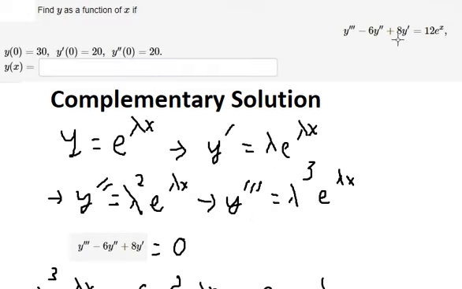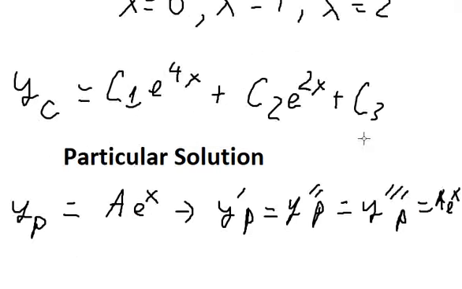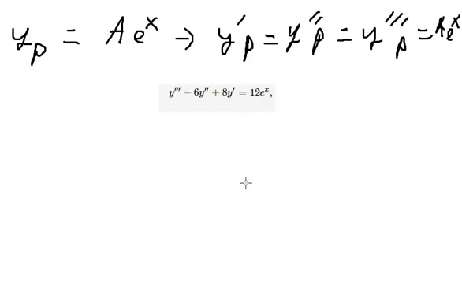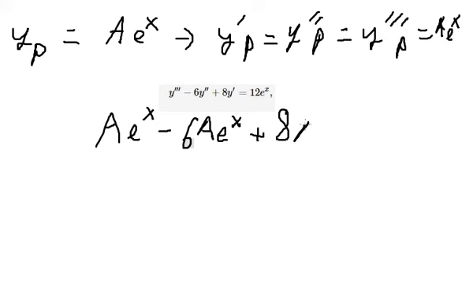And now we need to put this one in here. So we will have a e to the power of s minus 6a e to the power of s plus 8a e to the power of s equal to 12 e to the power of s.